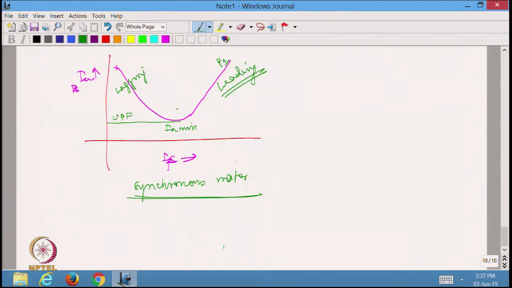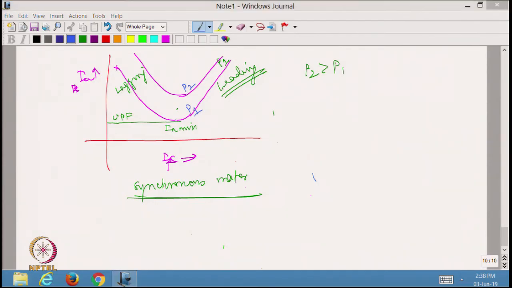So, IA minimum for P1 will be definitely smaller as compared to P2 if P2 is greater than P1. So, I should draw one more graph which is probably like this, right. So, this is corresponding to P2, whereas this corresponds to P1.